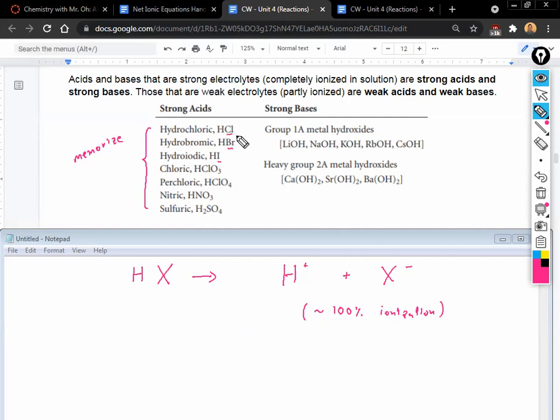If you put HCl in water, it'll break down almost 100% into H plus and Cl minus. If you put nitric acid in water, it will almost completely break down into H plus and NO3 minus. That's what it means by strong. It's not about what it can move or what it does. It just breaks down completely into its ions.